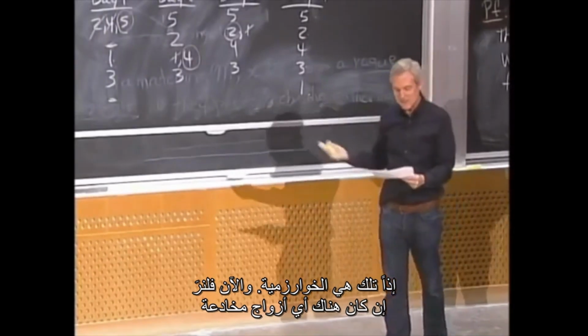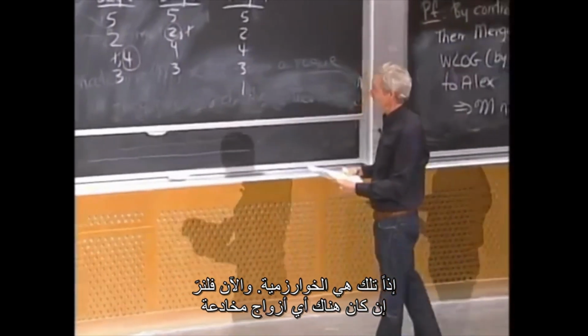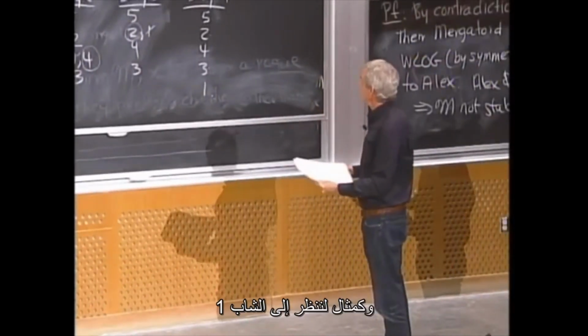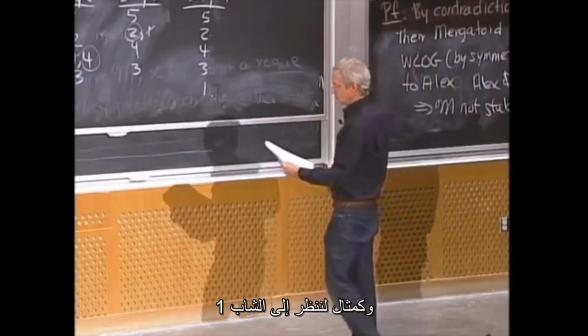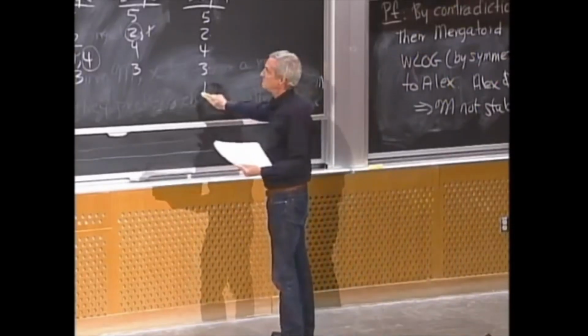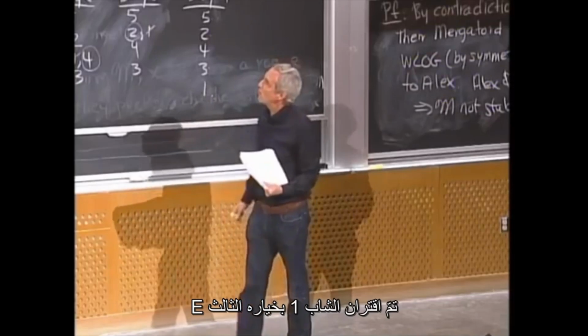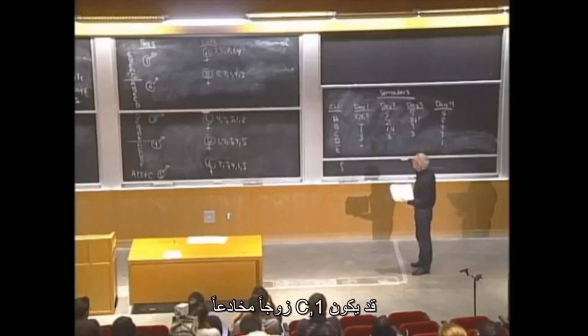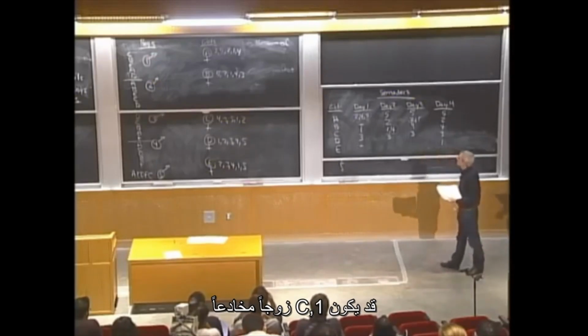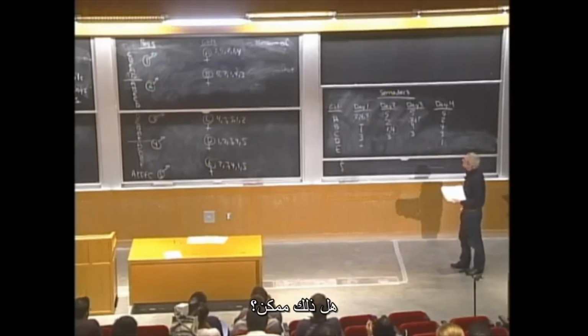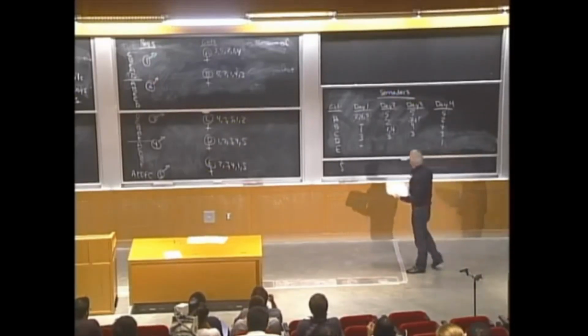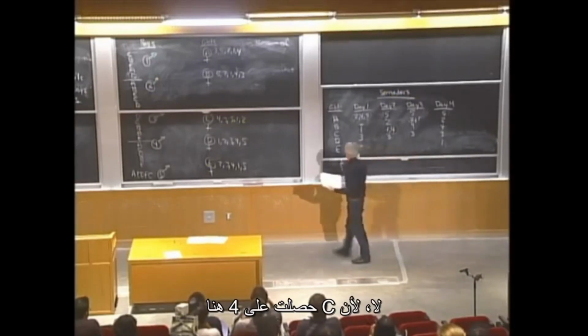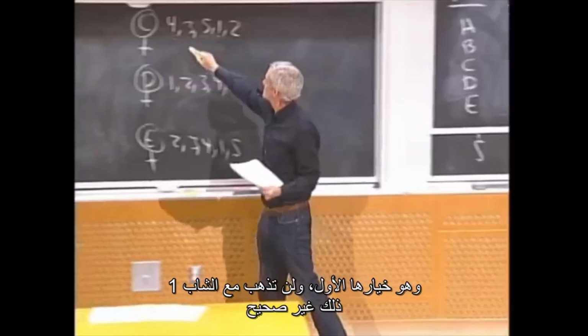Now we got to, let's see if we can see if there's any rogue couples. All right, so for example, let's look at boy 1. Boy 1 got paired to his third choice, E. So 1C might be a rogue couple. Is that possible? No, because C got 4 here, which is her first choice.